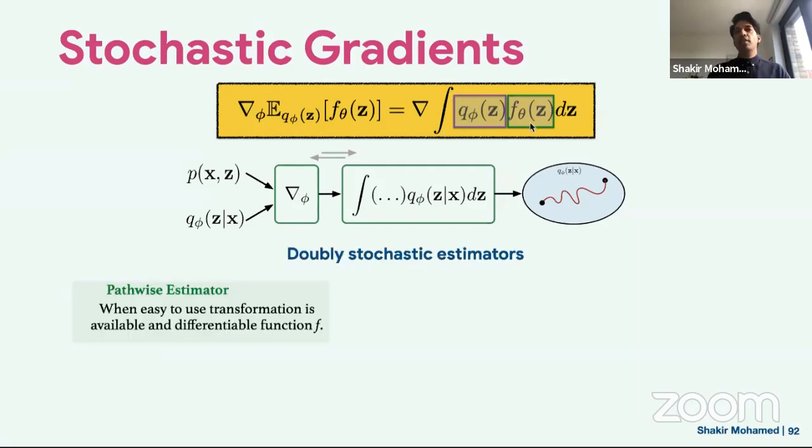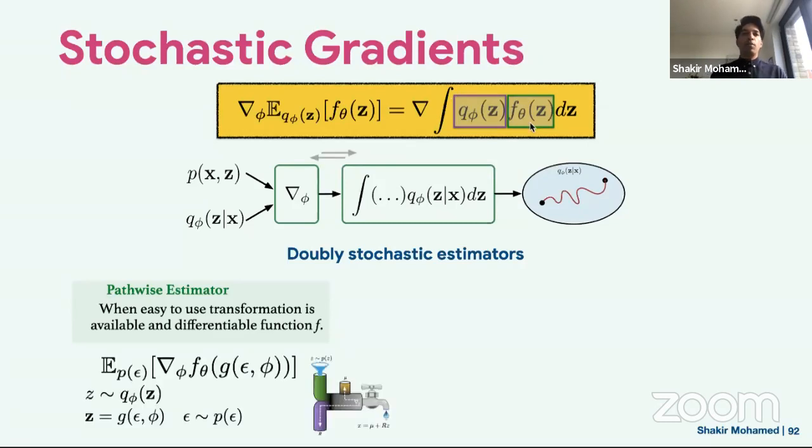So as I mentioned, there are two types of ways of doing this. The pathwise methods will say that I'm going to try and push the parameters phi into the function f, and then compute the gradient. Many of you may be familiar with this, which is what people call the reparameterization trick. I'm not going to spend time on deriving this one.